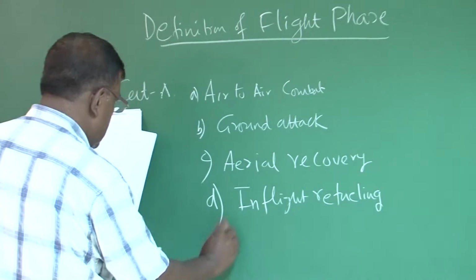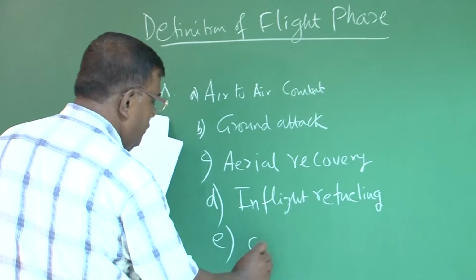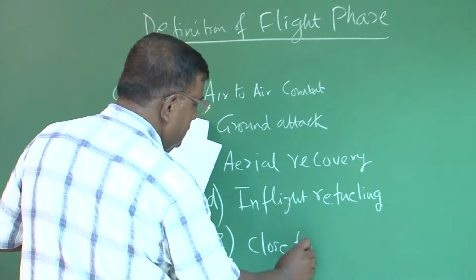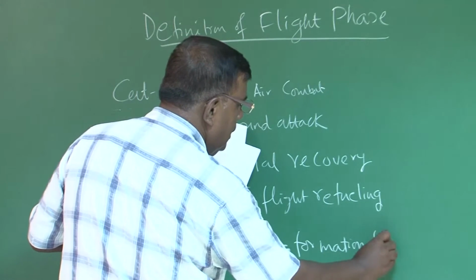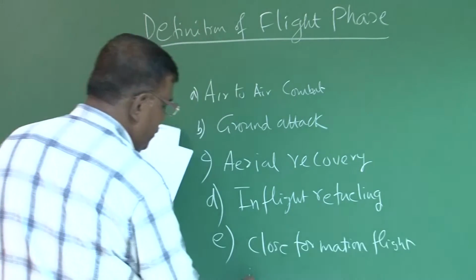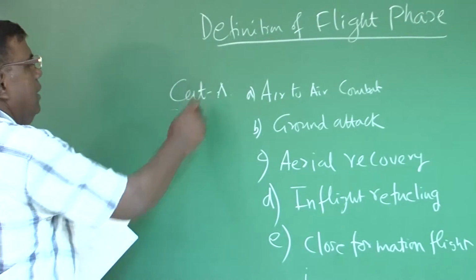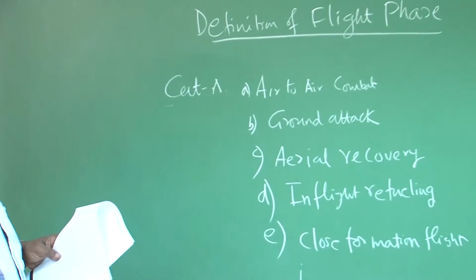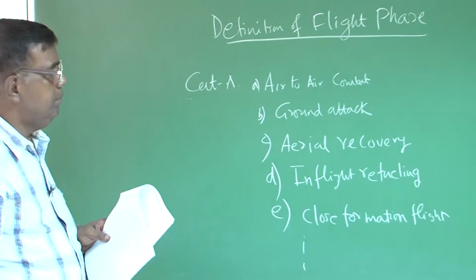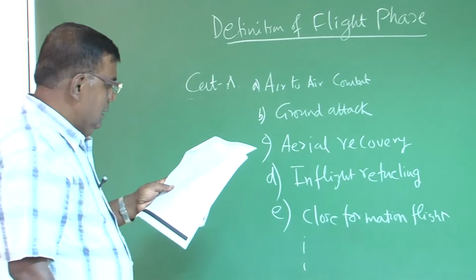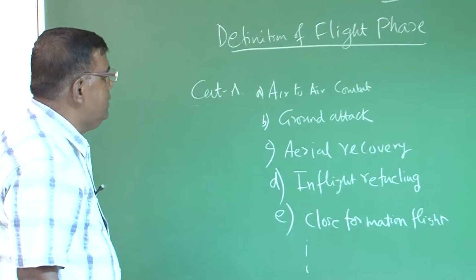You have then close formation flight. There are many, you can Google through and you will get. This material I am presenting is referring to the book by Roskam. So this is category A, which is defining the flight phase.